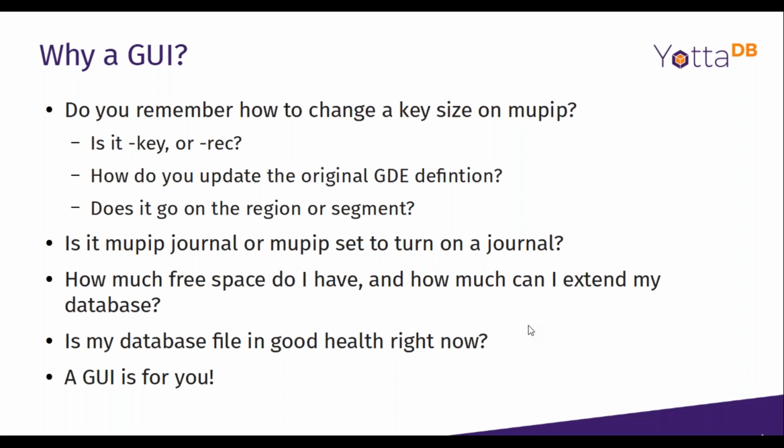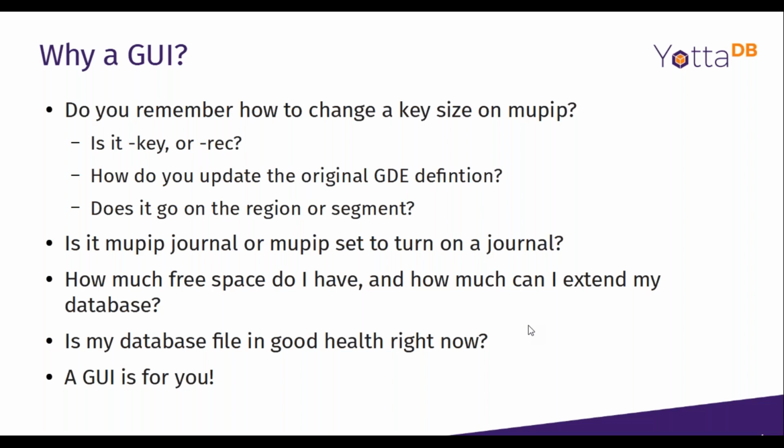Like if you put -key or -rec, I actually do know which one it is, but the problem is you never know. We have some weirdnesses in the syntax where sometimes we want an equal sign here, sometimes we want a value without an equal sign. And then you update a database, you don't update its original definition file.